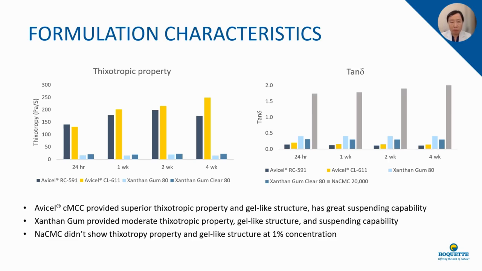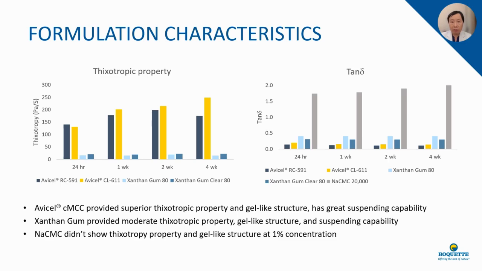The right graph displays the tan delta value, which reflects the balance between elastic and viscous behavior. The low tan delta value of Avicel RC591 and CL611 suggests a more elastic, strong gel-like structure, which supports excellent particle dispersion and is ideal for maintaining suspension stability.